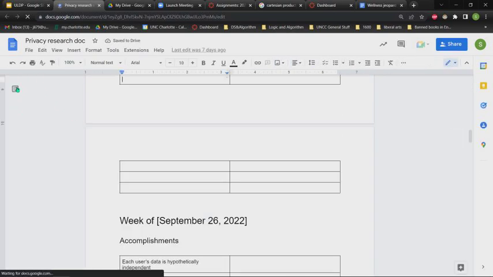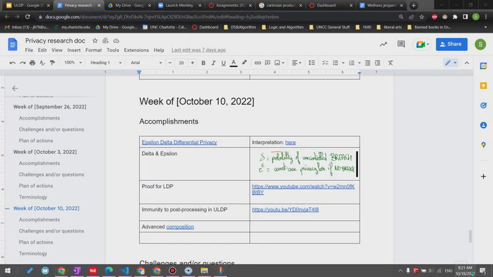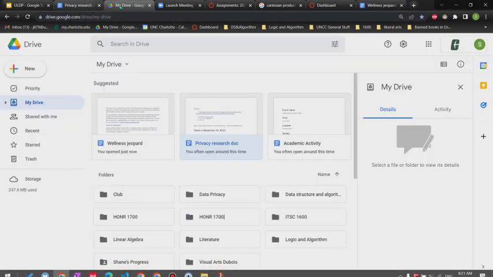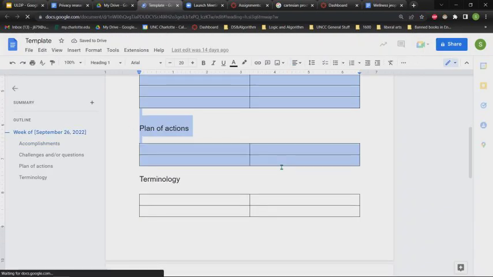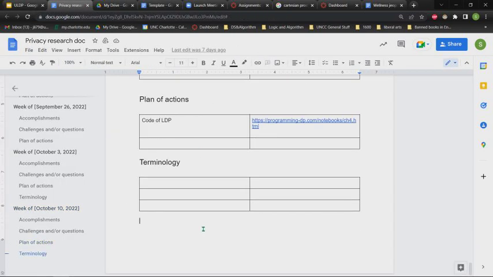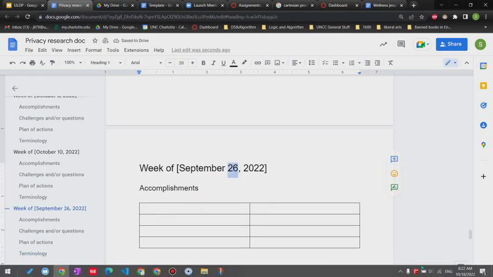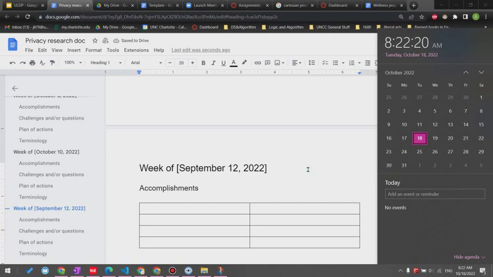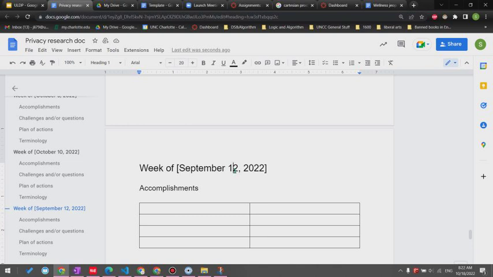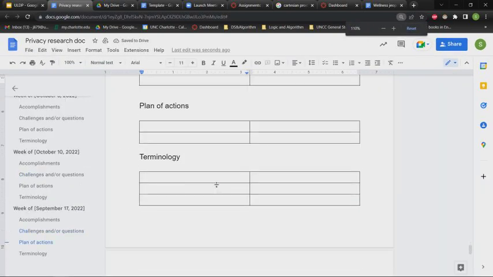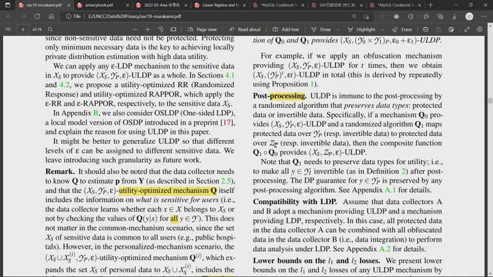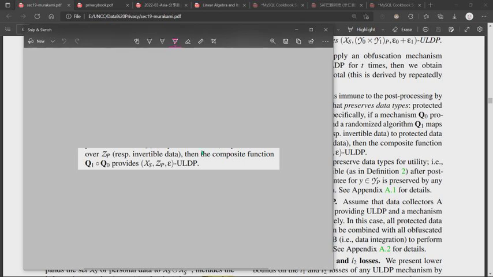Let me check the data privacy research doc. Composite function, okay, what is this?